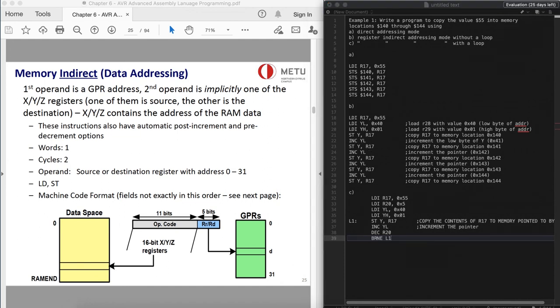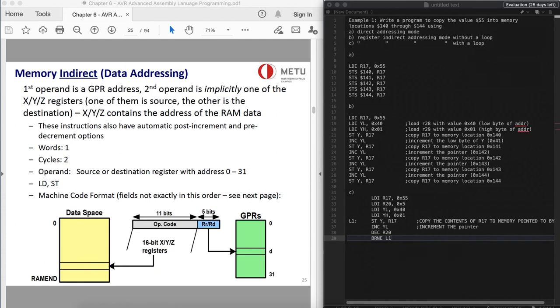We have seen these examples that we can use indirect memory addressing with just a loop, and we can easily sort things out. Now, I just want to point out something. These pointer registers, X, Y, Z, are 16-bit registers.